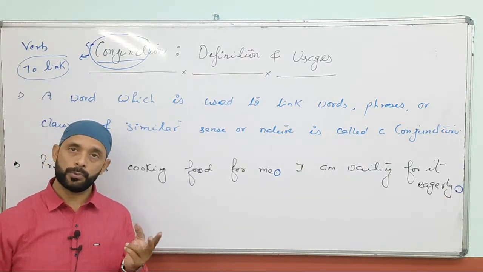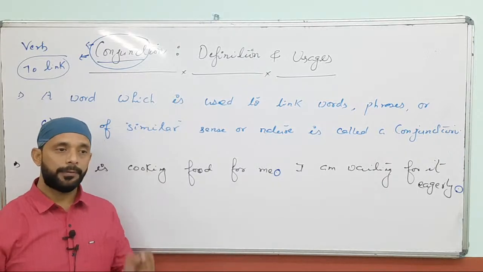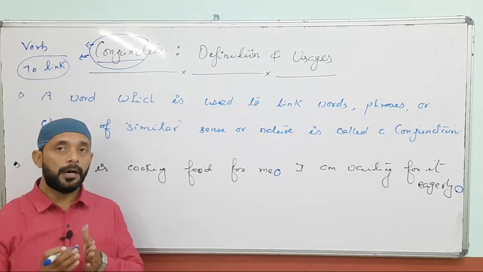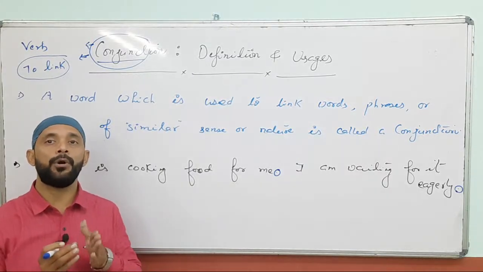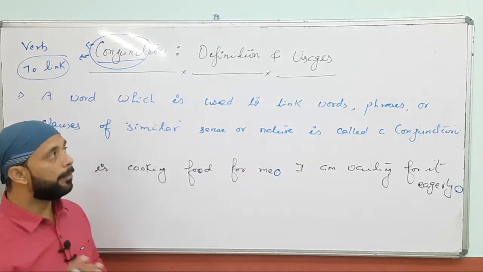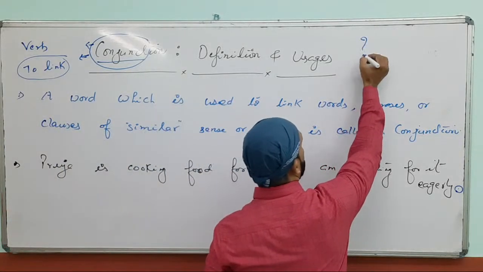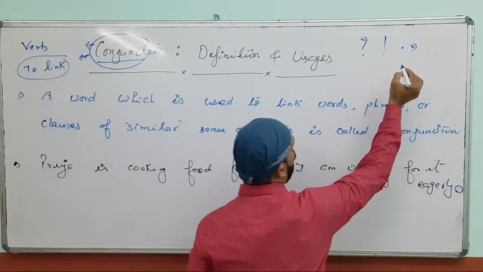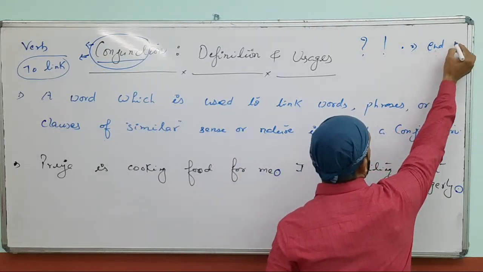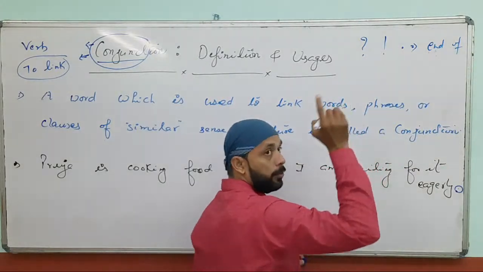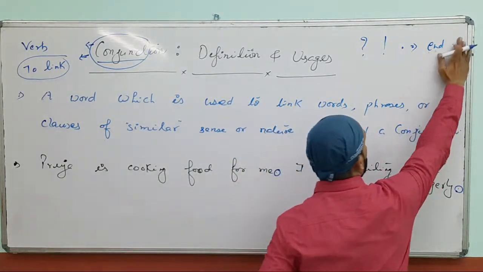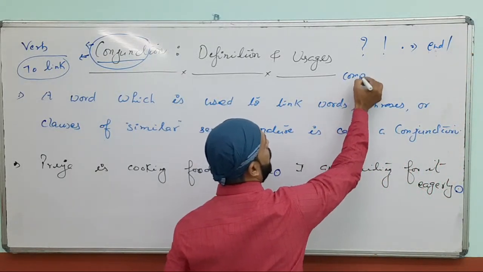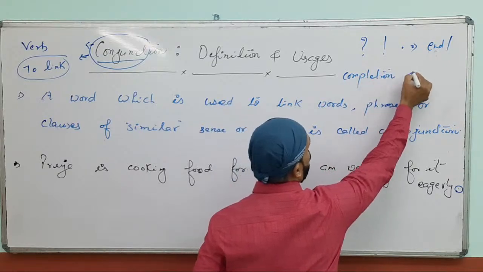Definitely two full stops mean two sentences. Two question marks mean two sentences. Because I told you that full stop, question mark and mark of exclamation are the punctuation that show the end of thought. If you remember, I have told you that question mark, mark of exclamation and full stop show the end, or you can say completion, of thought.